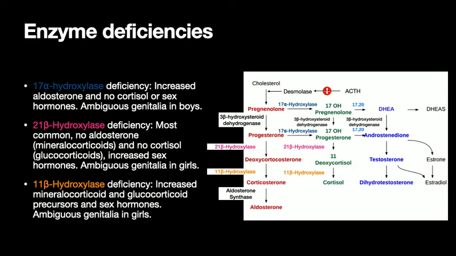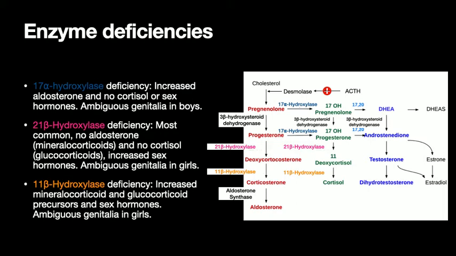In 11-beta hydroxylase deficiency, you'll have the precursors of mineralocorticoids and glucocorticoids, and you'll have sex hormone production, but you will not have aldosterone and cortisol. Therefore, the negative feedback will not be as effective, so you'll have upregulation of ACTH causing buildup of mineralocorticoid and glucocorticoid precursors.